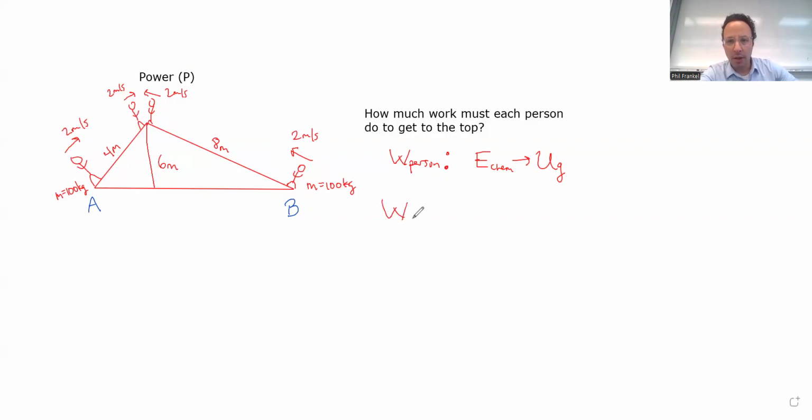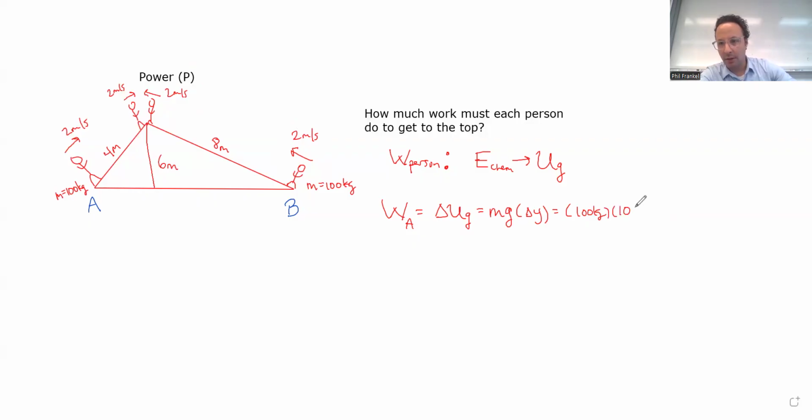So the work that, let's say, person A does is equal to the change in gravitational potential energy of person A, which is equal to mg delta y. A change in height is leading to a change in gravitational potential energy. Well, let's do that calculation. Person A has a mass of 100 kilograms.